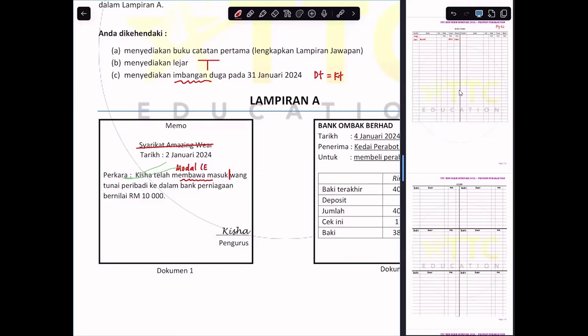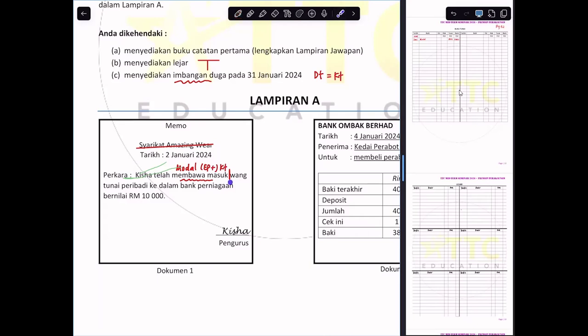When the boss brings in modal, the EP, the fund in the company, is getting more or less? More. When EP is getting more, debit or credit? Yes, credit. Then you need to find another account to debit, right?